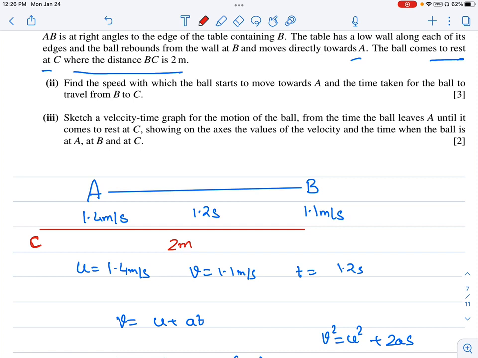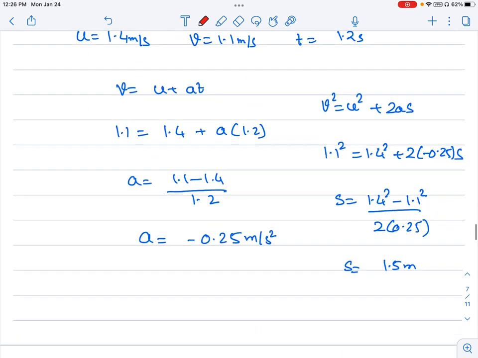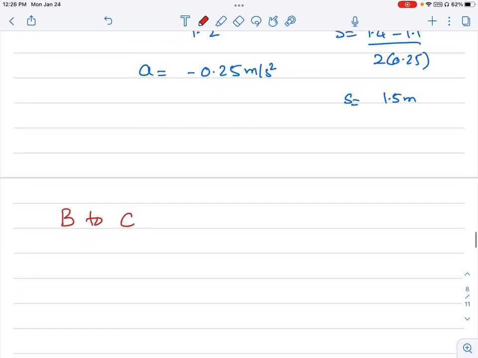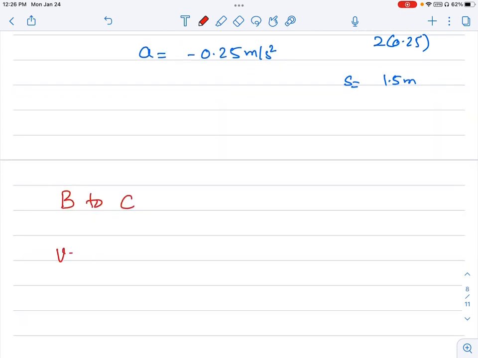Find the speed with which the ball starts to move towards A and find the time taken for the ball to reach from B to C. So from B to C, final velocity at C is going to be 0. Initial velocity we don't know, let it be u. Distance traveled is 2 and it is going to have the same deceleration, which is minus 0.25.